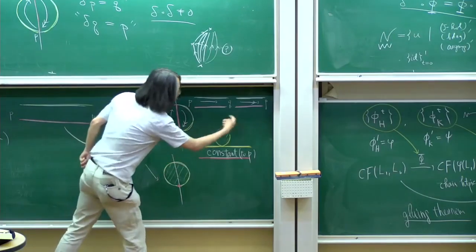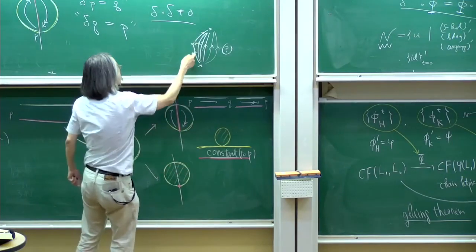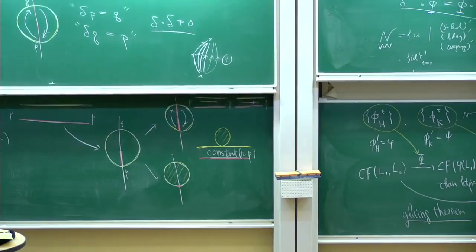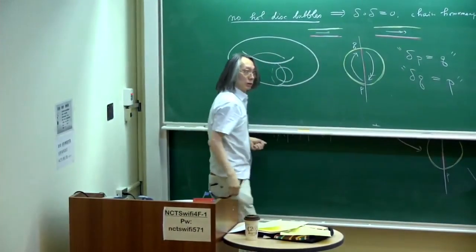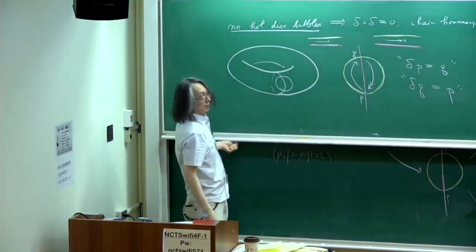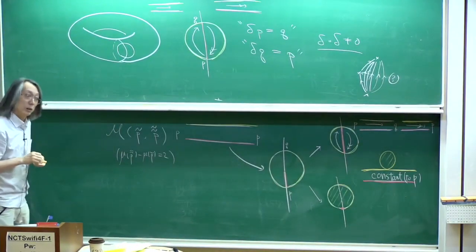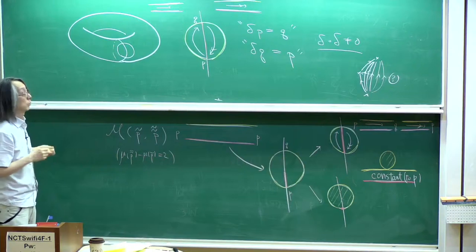So this one is not the splitting into trajectories. So therefore, we cannot really conclude this one is equal to 0. This is the reason why delta square is not necessarily 0. So therefore, Floer theory may not be defined.